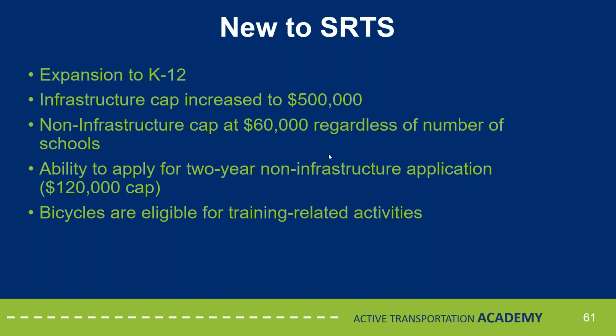It might also impact the type of non-infrastructure work you're doing because the age of students that you're working with could be older. We've also done some small changes to funding caps. We've increased our infrastructure funding cap to $500,000.